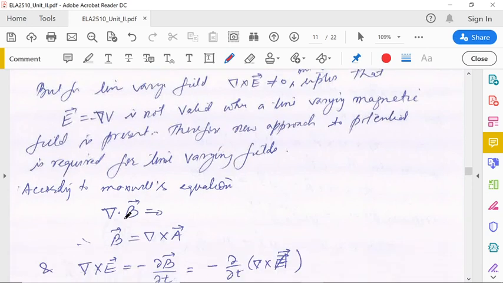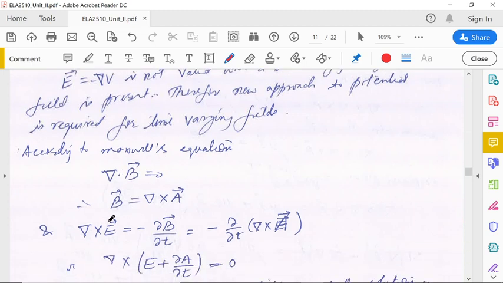So basically the starting point is Maxwell's equation again. We start with the divergence of B equals 0. When divergence of B equals 0, it means we can put B as the curl of some vector quantity, since the divergence of the curl of any vector is 0.